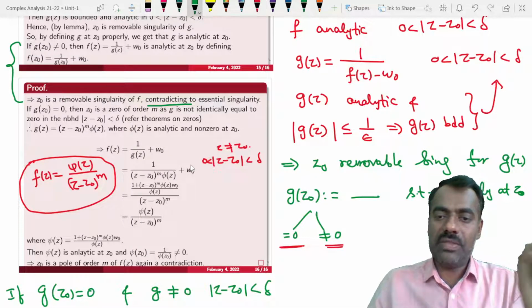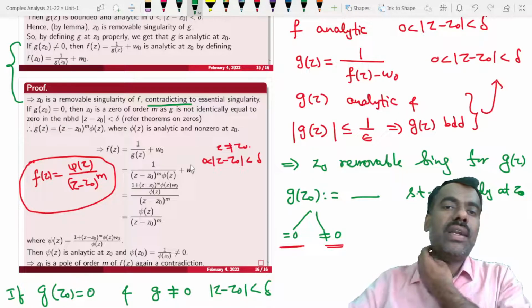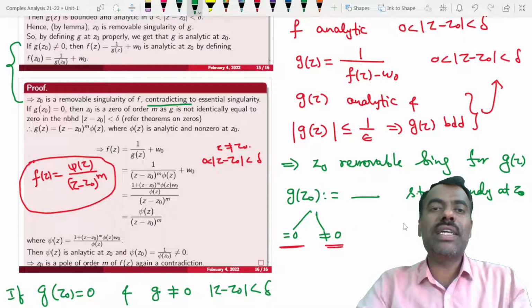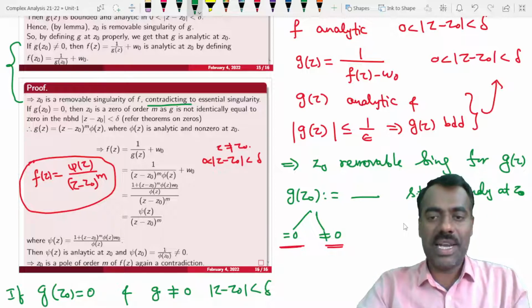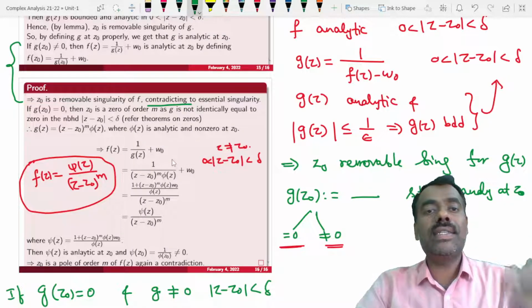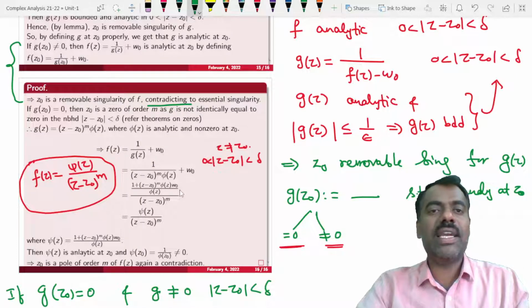So if g of z naught is not equal to 0, we get the conclusion that z naught is a removable singularity, which is a contradiction. If g of z naught equals 0, by simplifying further we get that z naught is a pole of order m for f, which is again a contradiction.